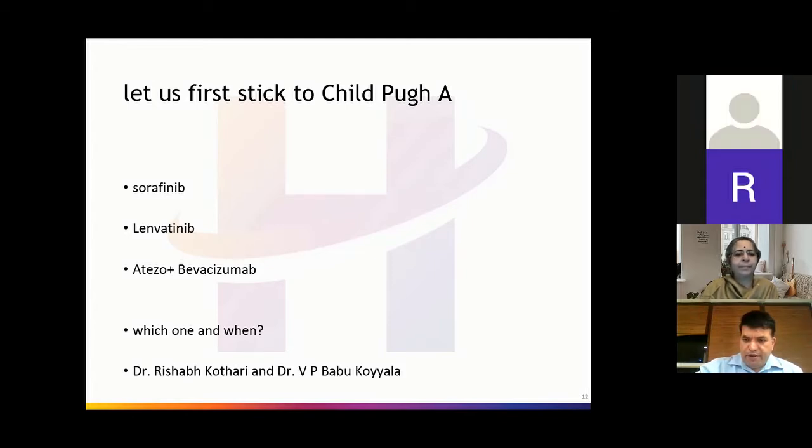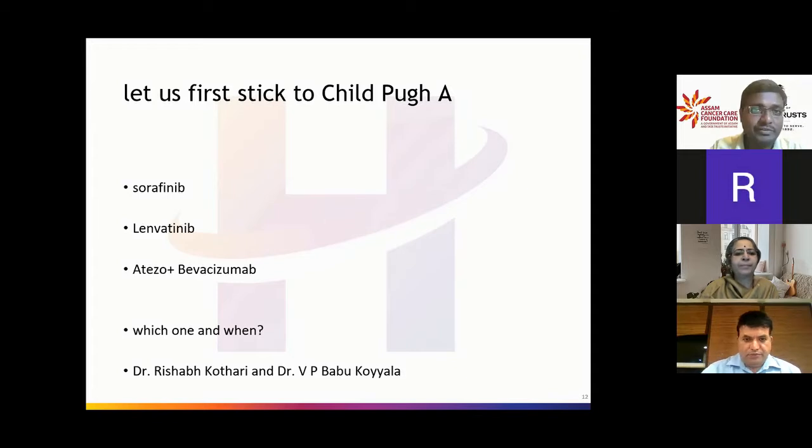Right, sir. I don't have the privilege of using atezo plus bev in my practice, sir. So ultimately, we end up starting sorafenib. Most importantly, when performance status is good, along with the Child Pugh score, the most important is looking after the performance status, liver hepatitis panel, and affordability.